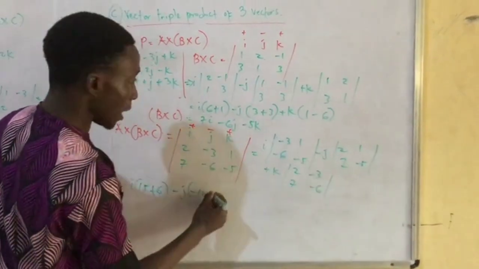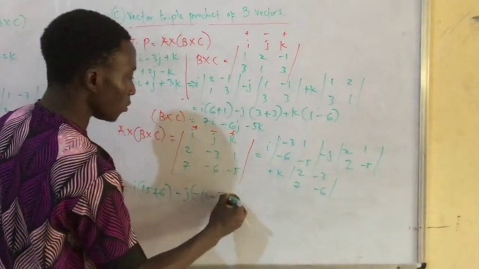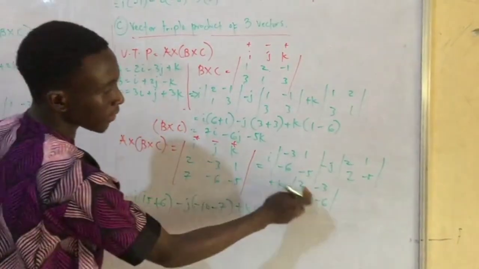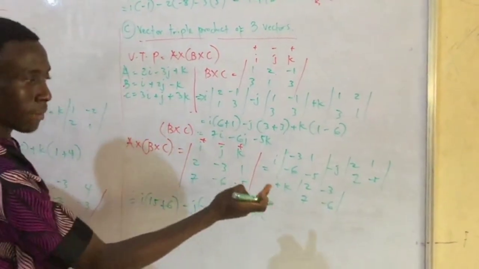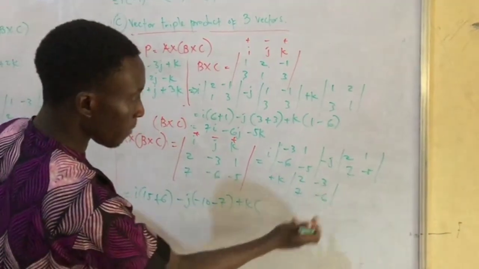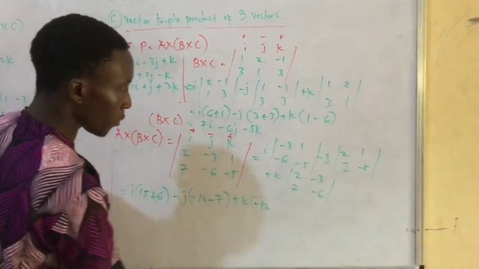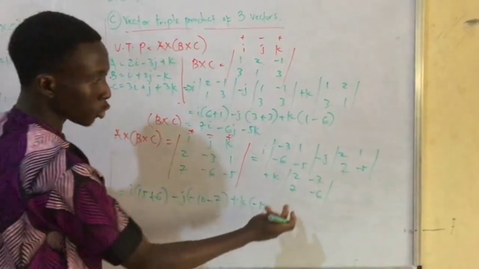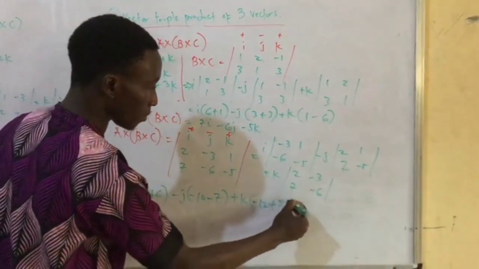Then minus, this multiplied by this will give us 7. Okay, now plus k. Open bracket. This multiplied by this will give us what? That's minus 18. Minus 2 times 6 is 12, minus 12 rather. Minus 12. Then minus, this multiplied by this, minus 21. So this will turn to plus 21.